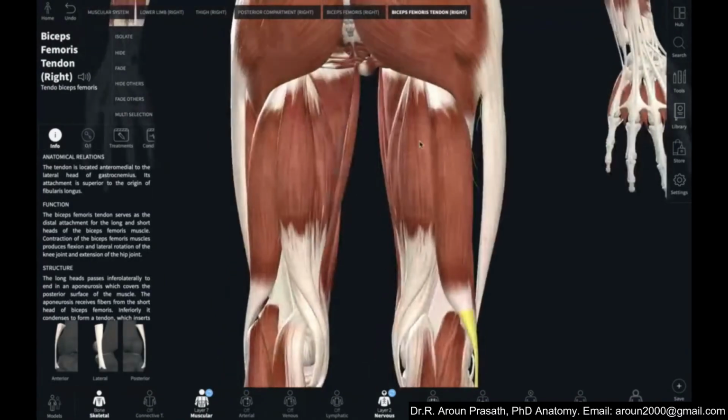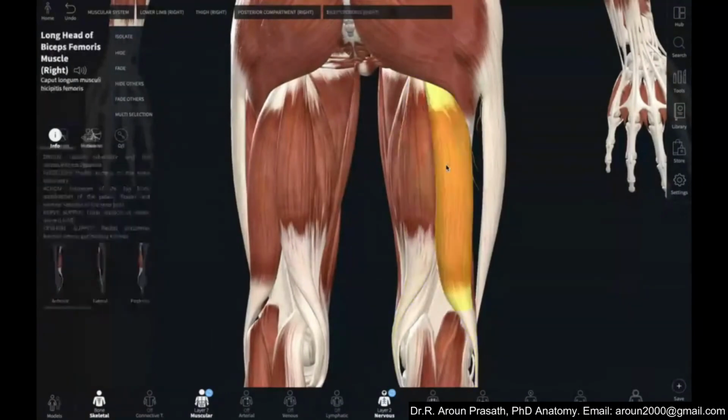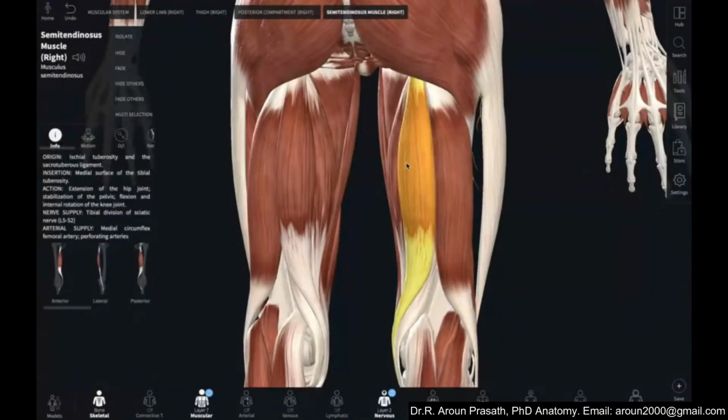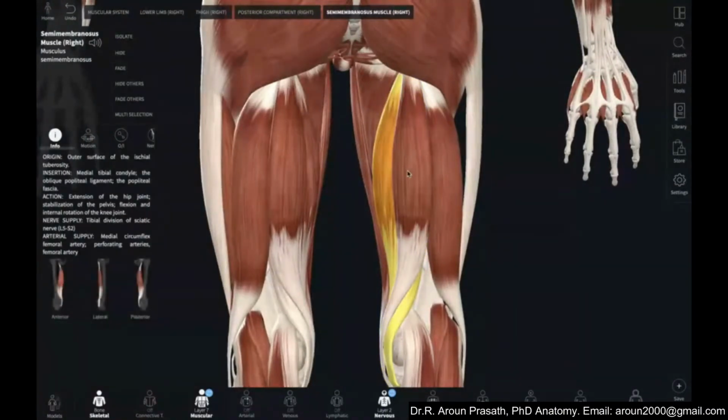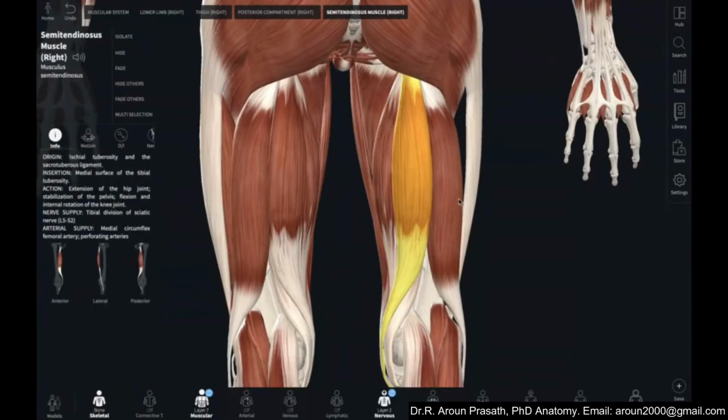So all these three muscles, the biceps femoris, the semi-membranous muscle and the semi-tendinous muscle, are collectively called the hamstring muscle.